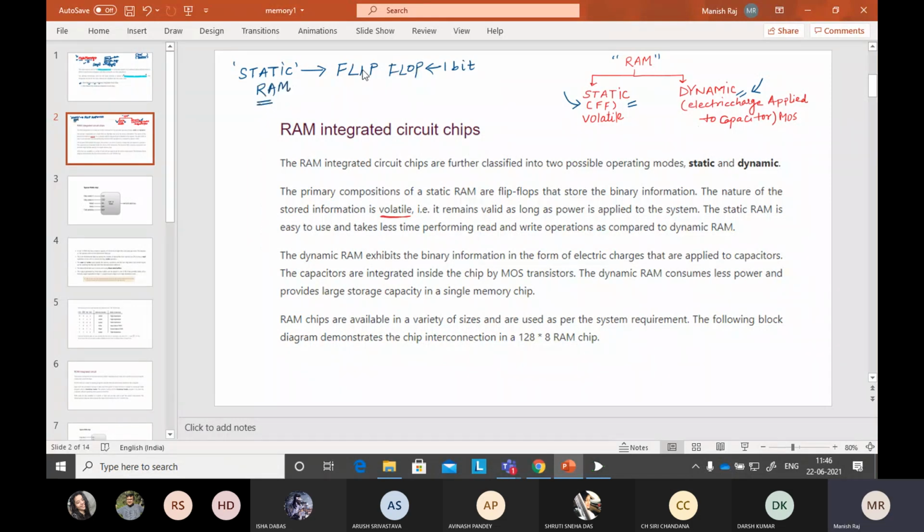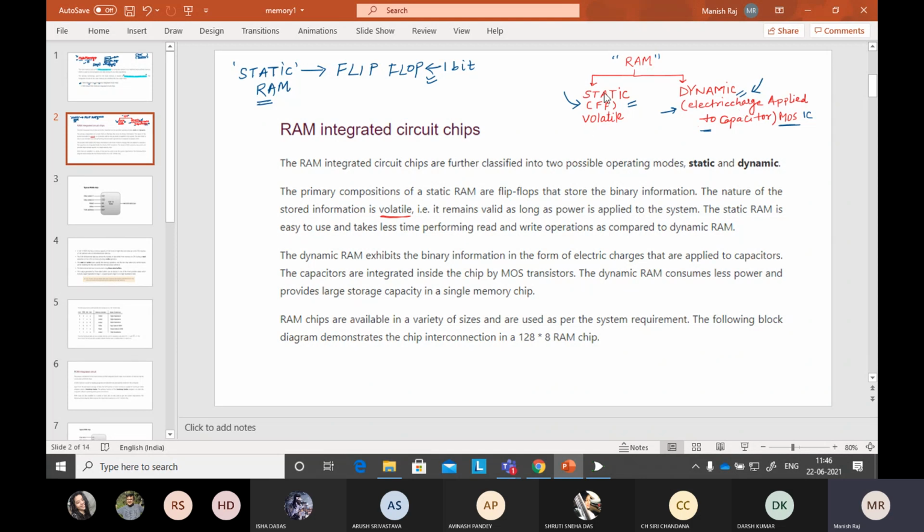In the static RAM, you will use flip-flops. In the dynamic RAM, you will store the bits by electric charge applied to a capacitor, and this capacitor is based on MOS ICs, that is, MOS transistors. The electrical charge applied to the capacitor stores the bit.